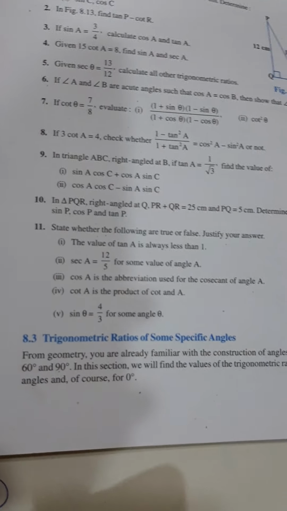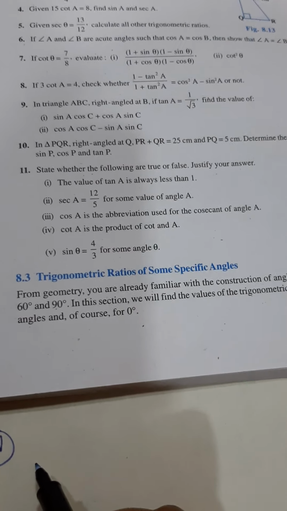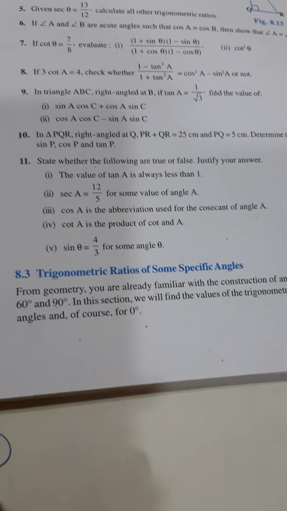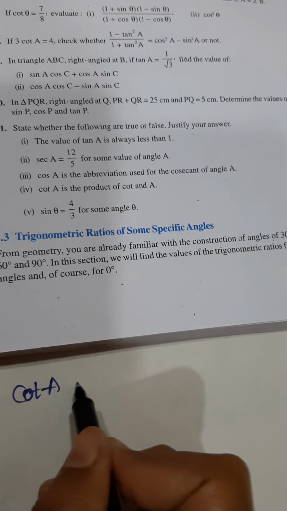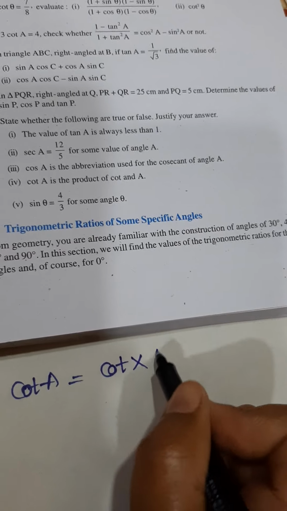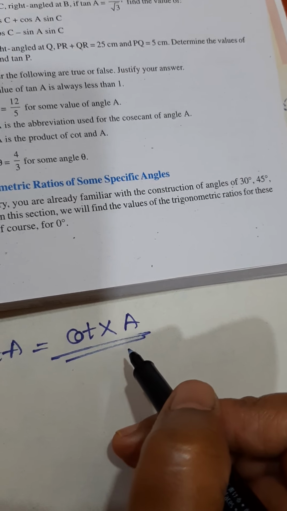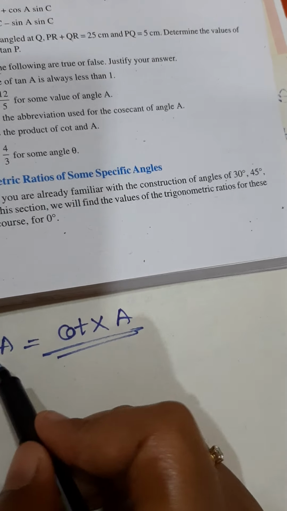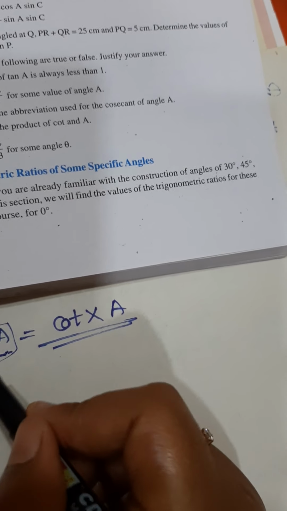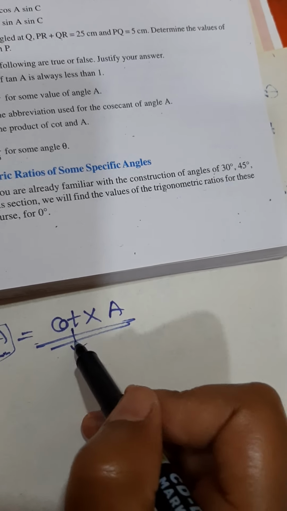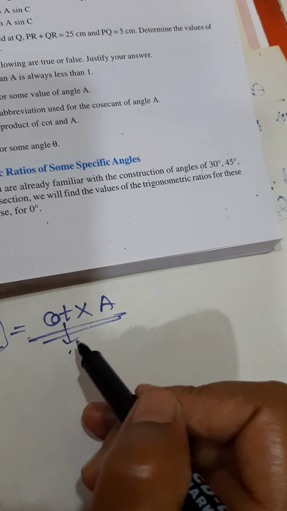So let's see our next one, that is the fourth one. In this fourth question, what they are asking is: cot A is the product of cot and A. This is not a product; it's just a notation, a representation of the form cot A. We can't say it is a product.